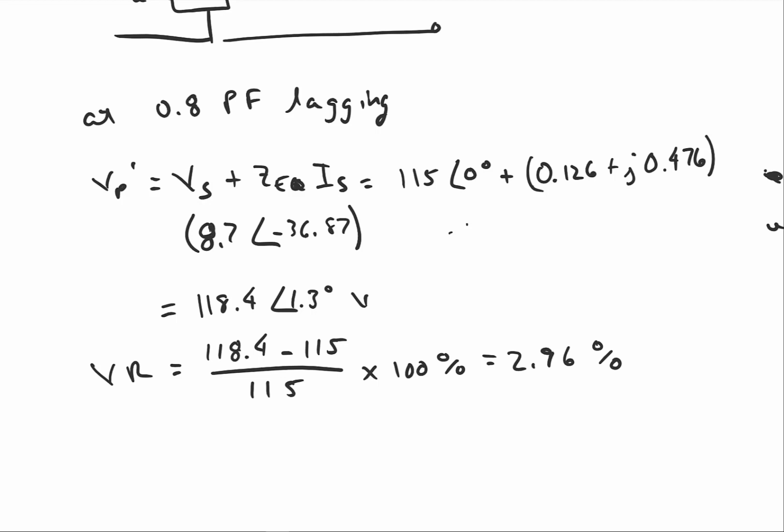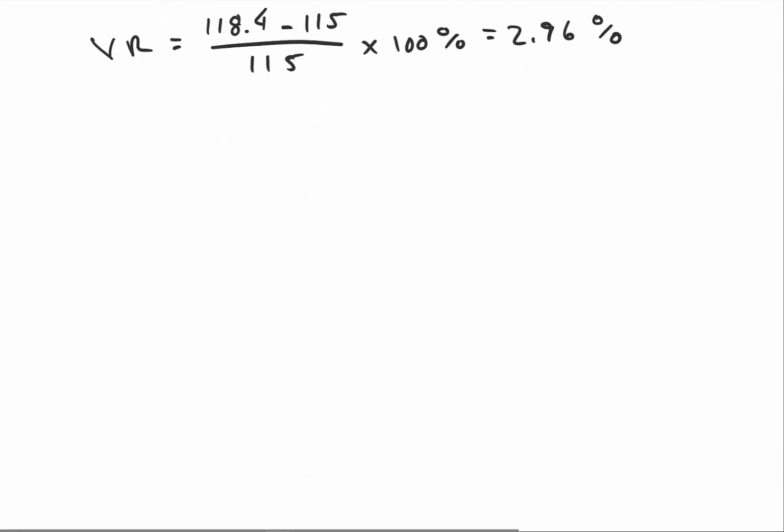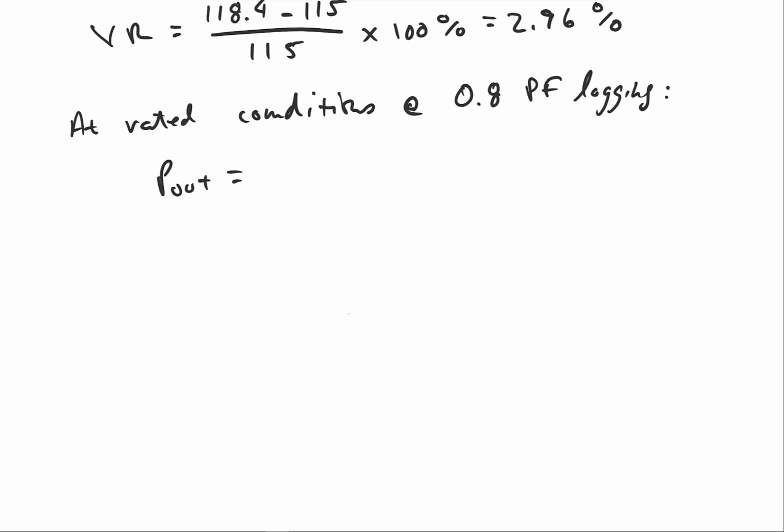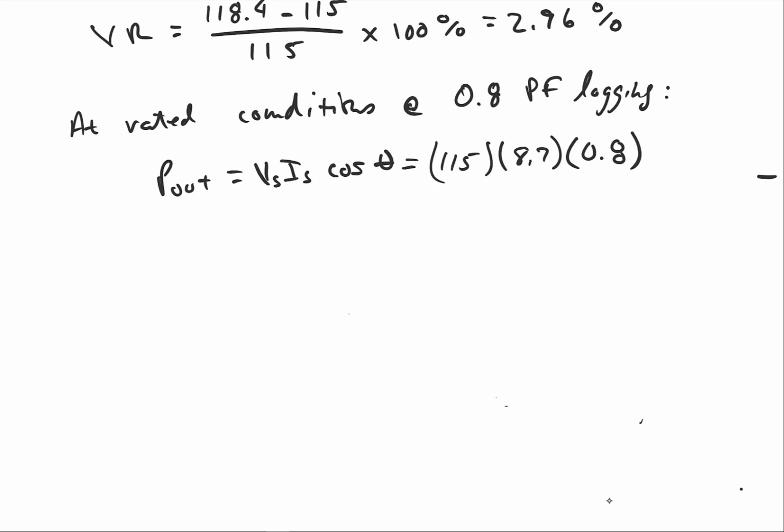Now, at rated conditions at 0.8 power factor lagging, the output power, P out, equal to VSIS cosine theta, this is 115 times 8.7 amps times 0.8, and this gives us 800 watts.